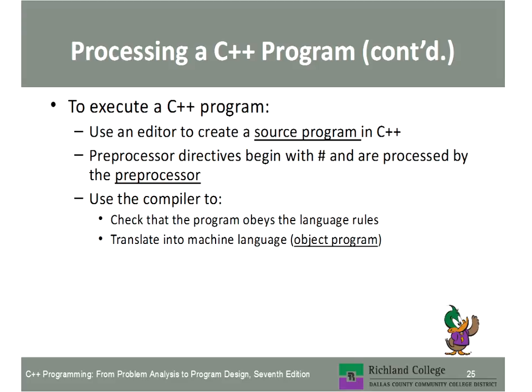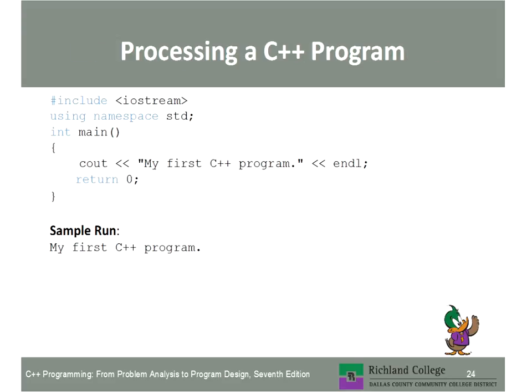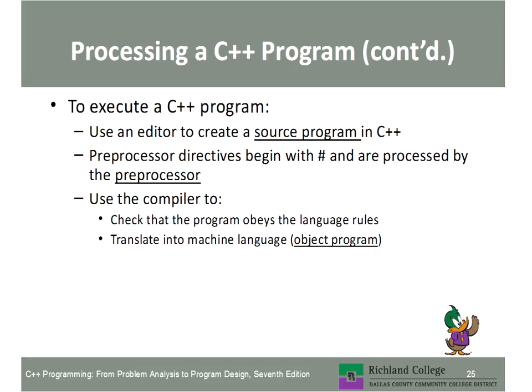Okay. So how do we execute a C++ program? We use an editor. That's why you have to have the Visual Studio. Visual Studio is going to be your editor to create the source file, the source program. Then we have a preprocessor. The preprocessor is right here, that starts with a hash mark.